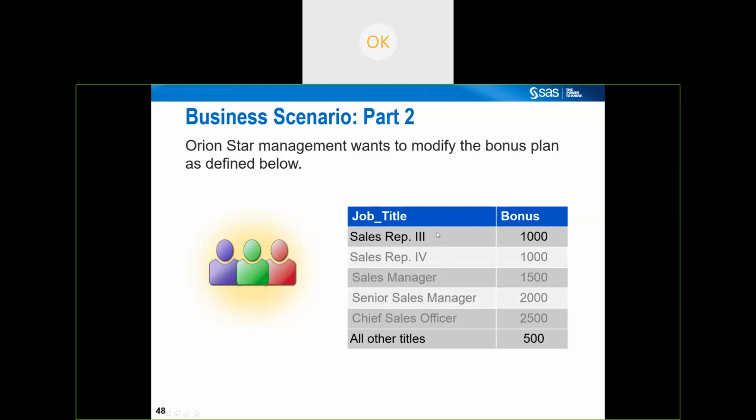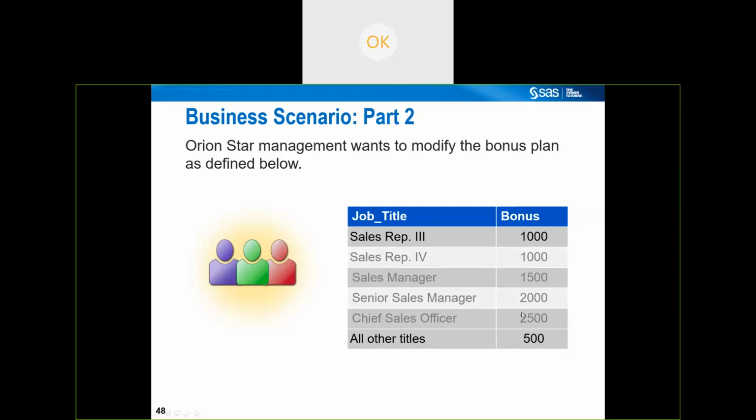As if itulah. Okay, so this means, and then one more is all other titles. Maksudnya kita akan bagi selain daripada yang kita mention here, okay, we'll give 500. Other job titles will be given 500.